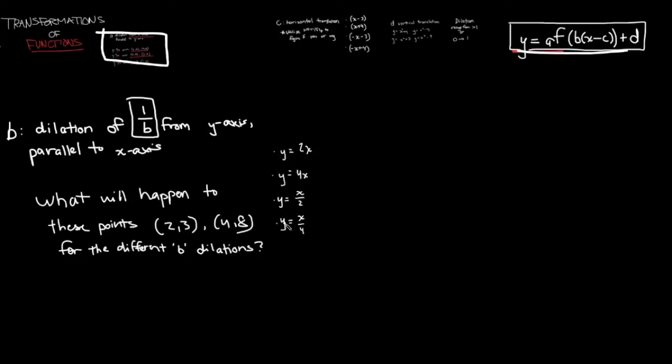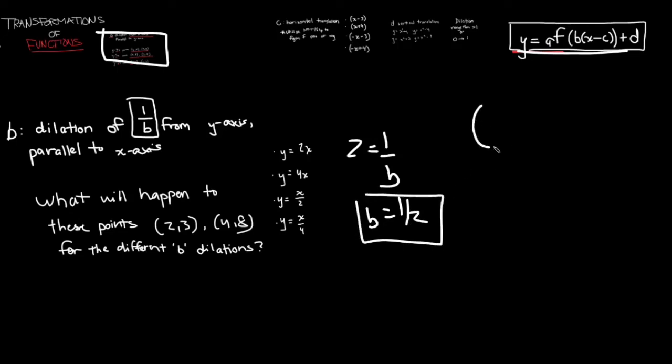So let's do it. So y is equal to 2x. We identified that 1 over 2 is the result of b, equal to 1 over b, and that means b is equal to 1 over 2. So b is equal to 1 over 2, and we want to say these are the coordinates, 2 over 3, right?